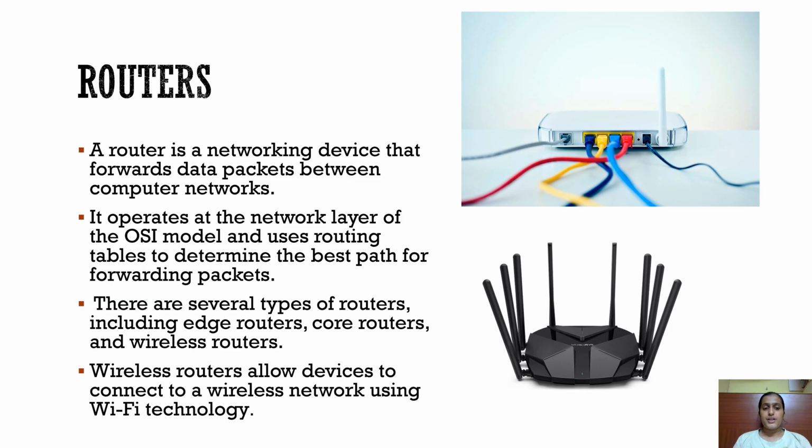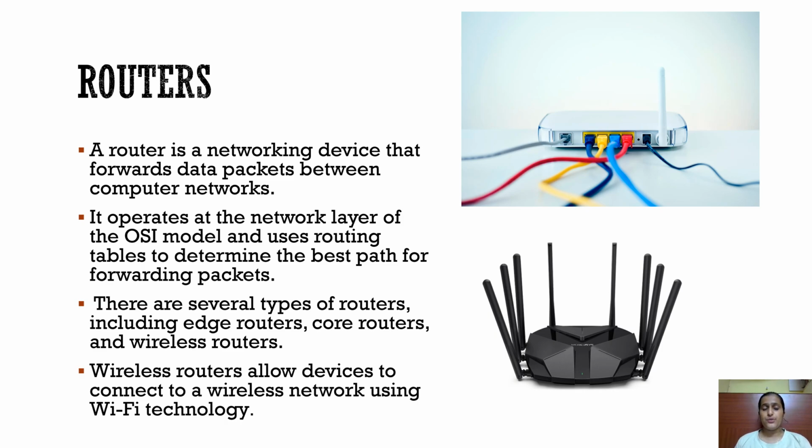Routers. A router is a networking device that forwards data packets between computer networks. It operates at the network layer of the OSI model and uses routing tables to determine the best path for forwarding packets. There are several types of routers, including edge routers, core routers, and wireless routers.